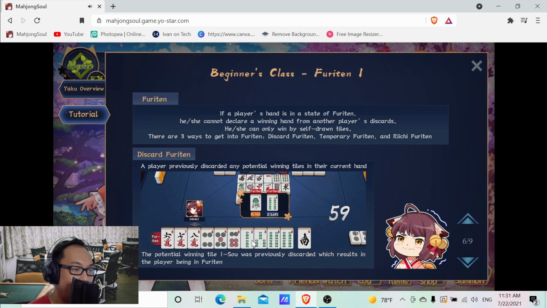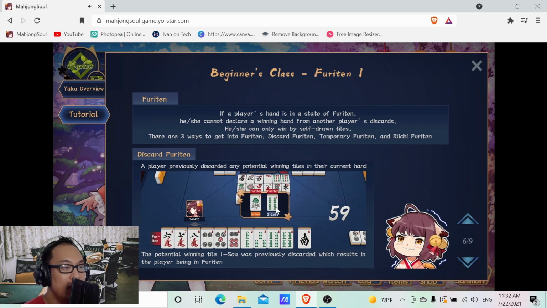Now, this is a very complicated scenario because, let's see, I'm guessing this is a triple of 2s, and this is a sequence of 6, 7, 8, and 4, 5, 6, and now you have a pair of 4s and a sequence that's incomplete. But last round, last couple of discards, you discarded the 1.